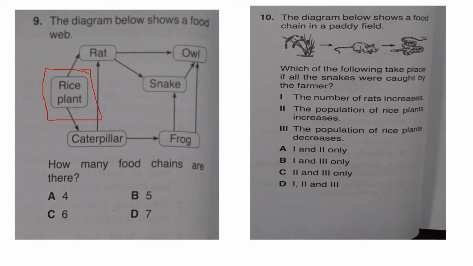The rice plant was eaten by the rat, and then the rat was eaten by the owl. So that's 1. And then again, the rice plant was eaten by the caterpillar, and then the caterpillar was eaten by the frog. That's 1.